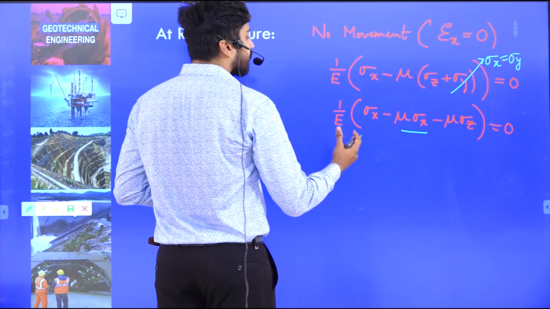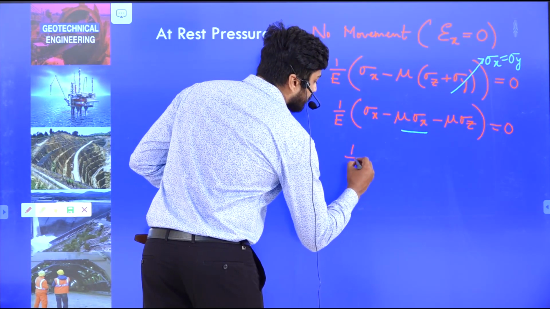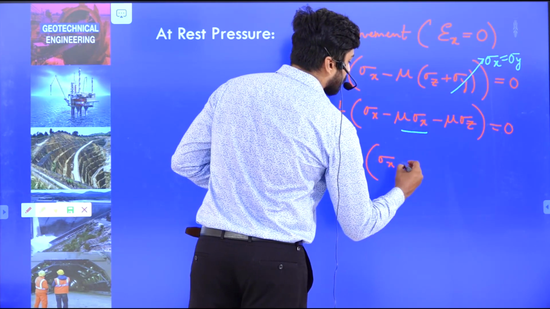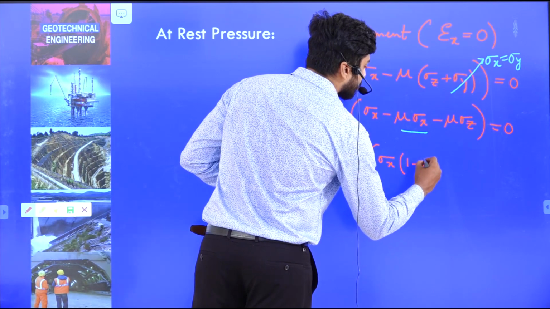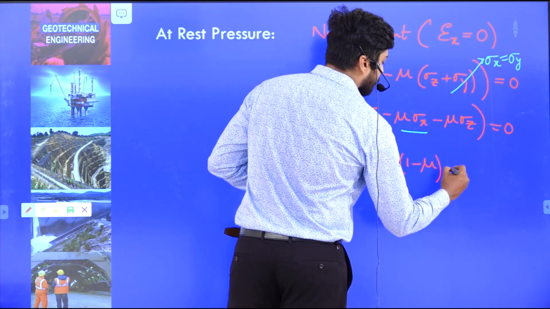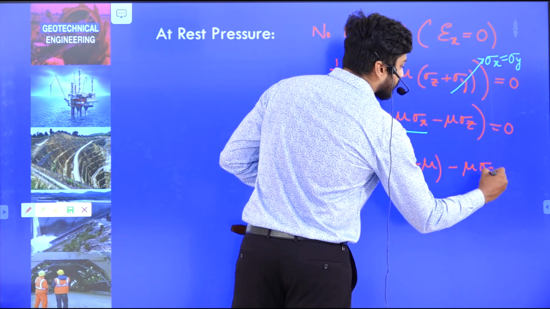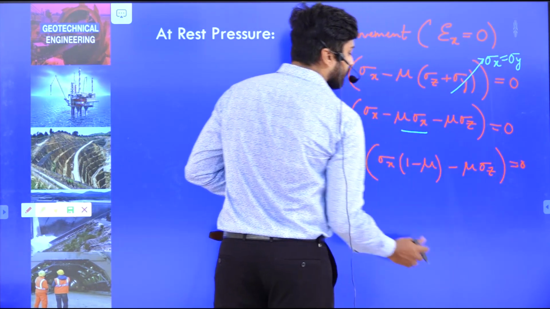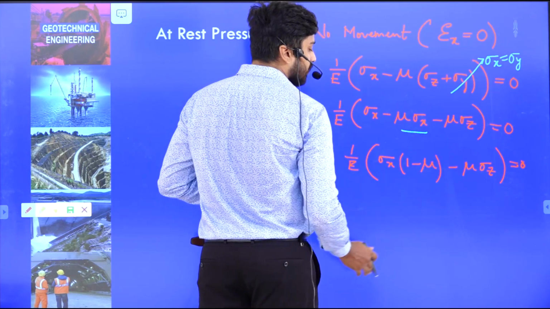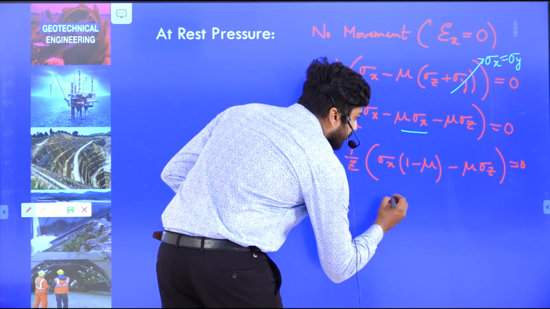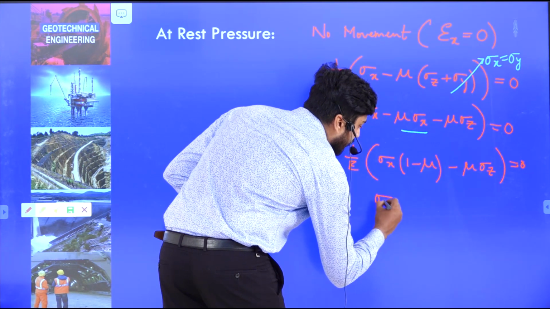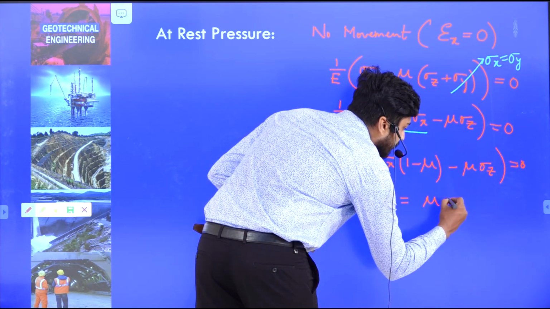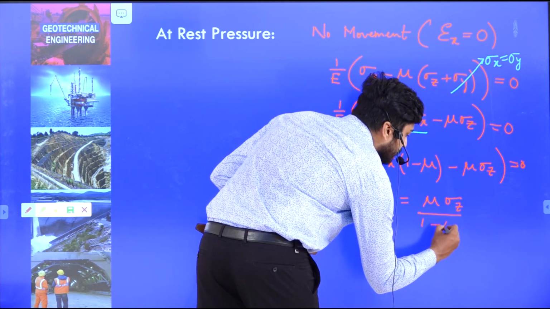On further simplification, this can be written as 1 by E into sigma x into (1 minus mu) minus mu sigma z is equal to 0. Upon simplification, since E goes to the other side, sigma x is equal to mu into sigma z by 1 minus mu.